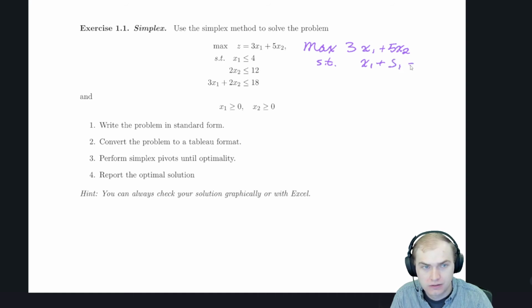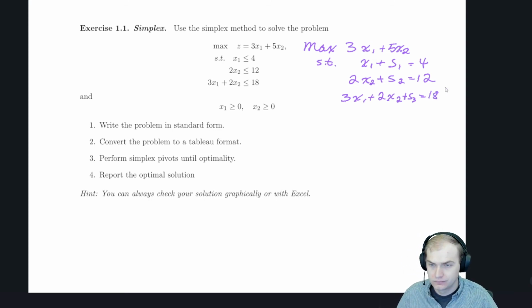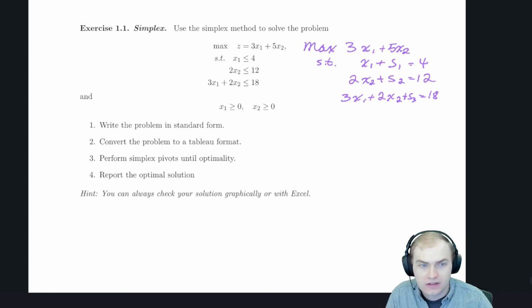Plus a slack equals 4. 2x2 plus another slack equals 12. So that's standard form.